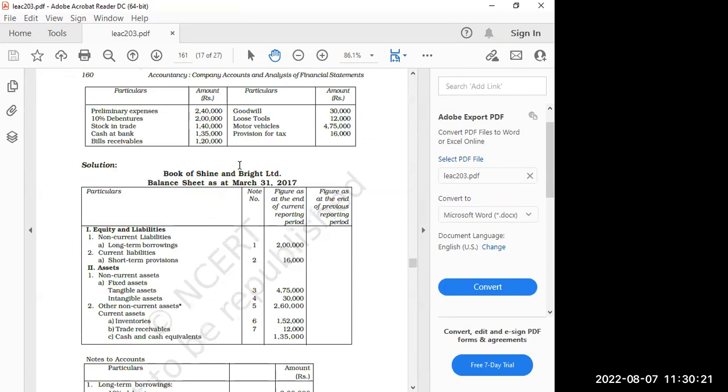Which one is there? Out of these, can you identify what is long-term borrowings? Debenture is long-term borrowings. Write it. Debenture, how much? 2 lakh rupees. You write long-term borrowings, and within bracket, for your own understanding, write debentures, 2 lakhs. And then current liability. What is the current liability here?